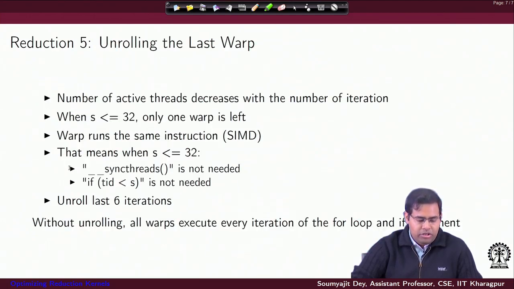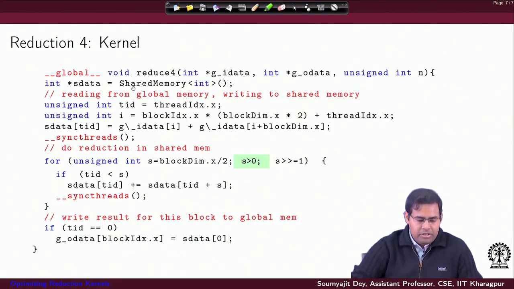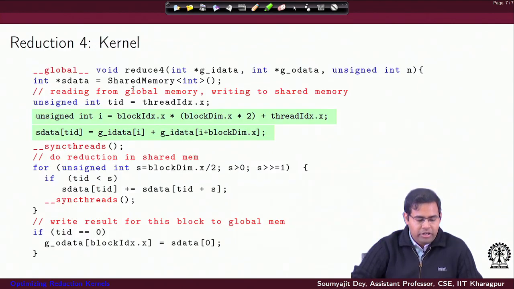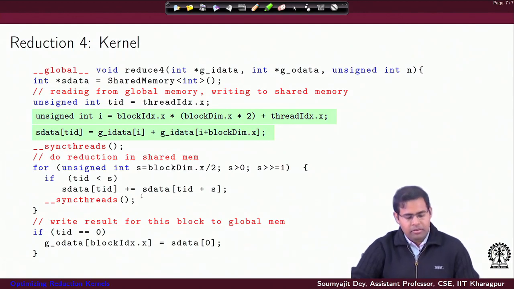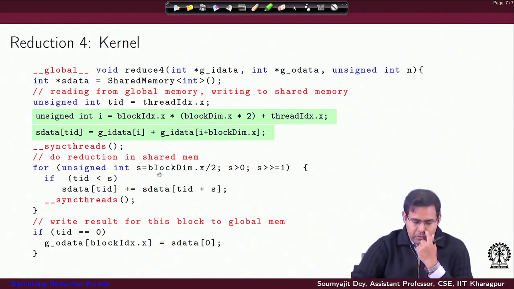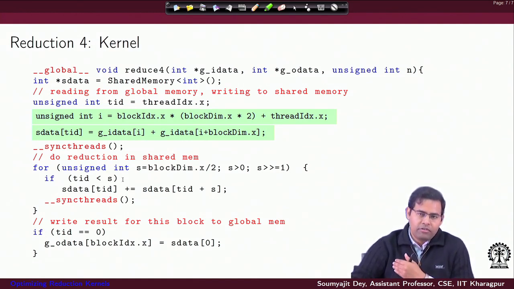I simply remove the loop condition and all if conditions when the number of threads I need to focus on changes to 32 and they all come inside a warp. Then I simply unroll this loop and write similar statements consecutively, and I do not need this loop at all for those last 6 iterations. I do not need to check this loop condition, and I do not need this if-else check.